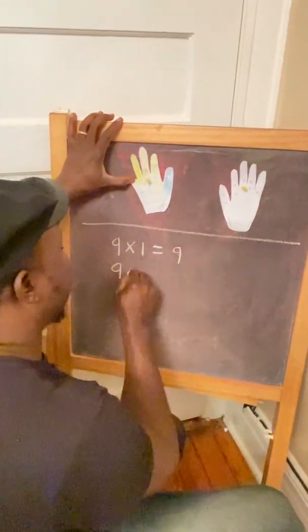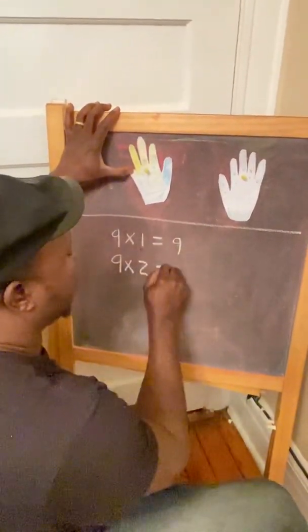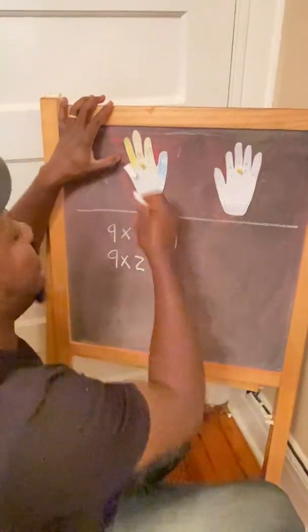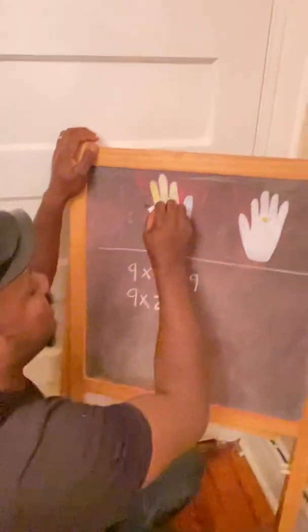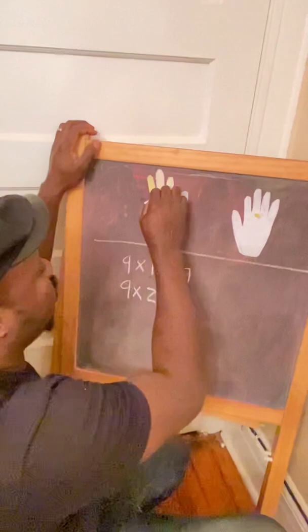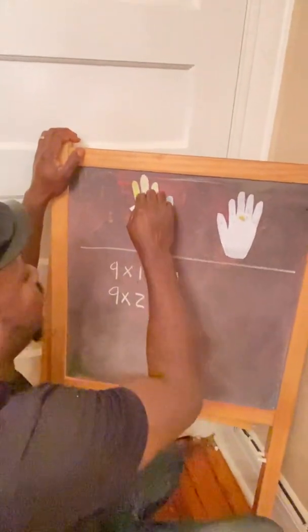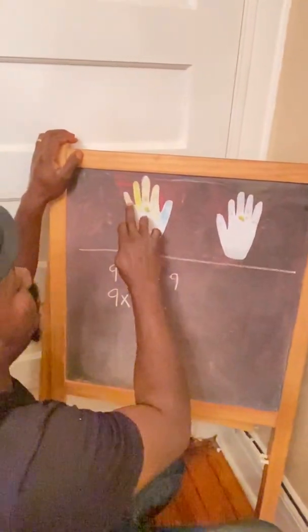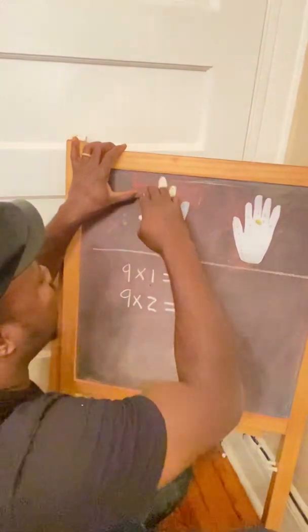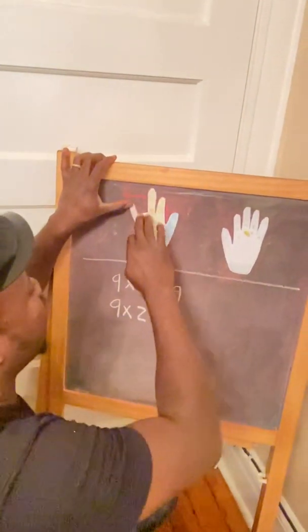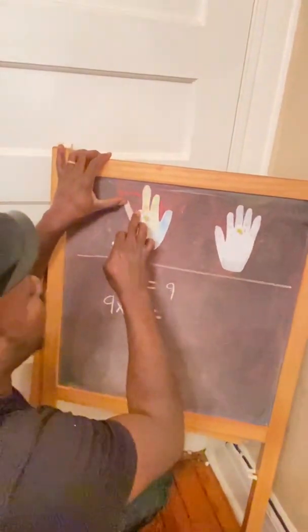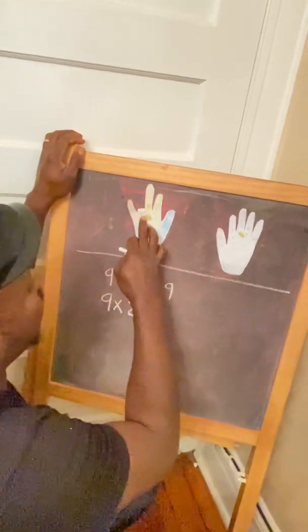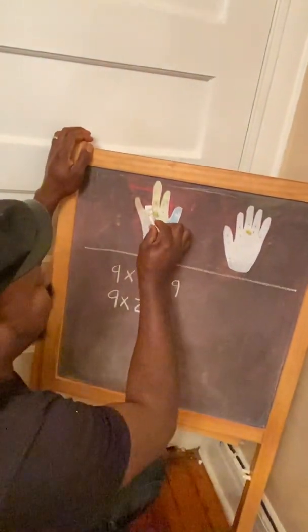If we do 9 by 2, equal. We're on the second one. That's 2. When you say 2, we're gonna open this and put this down. You see? Okay, I'm on 2 right now.